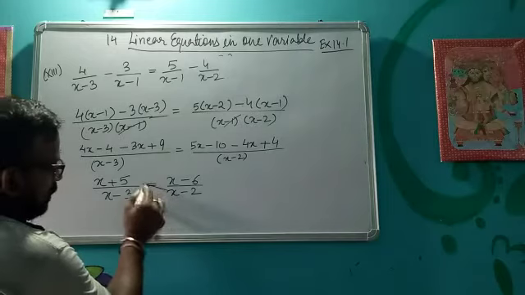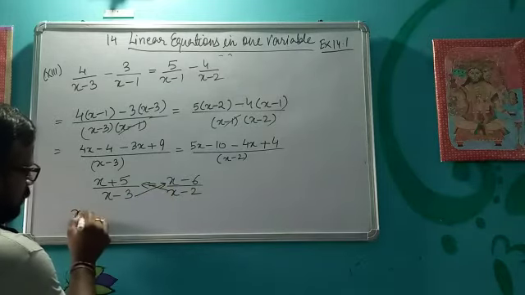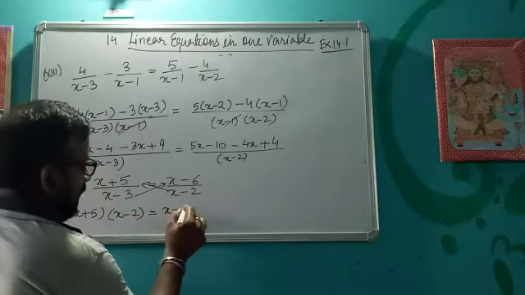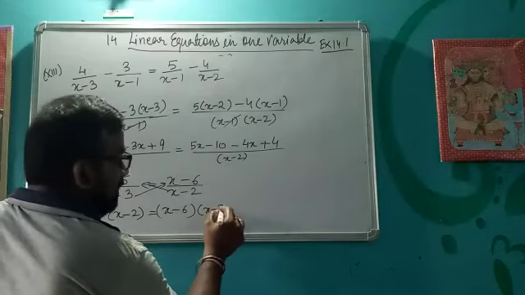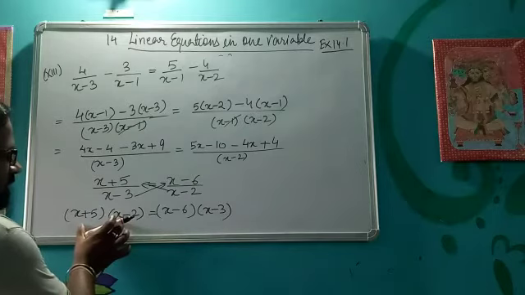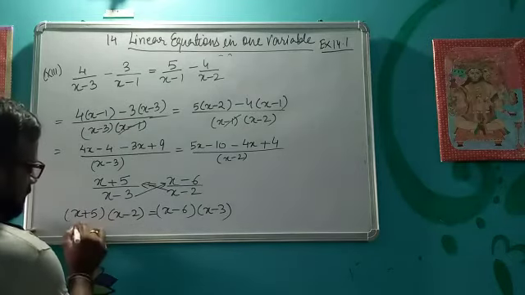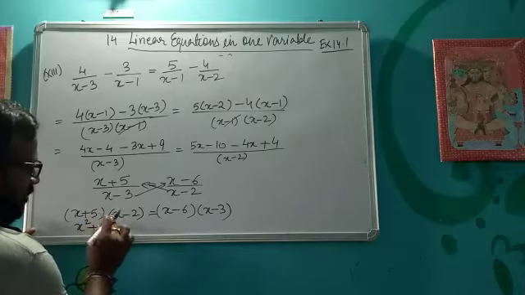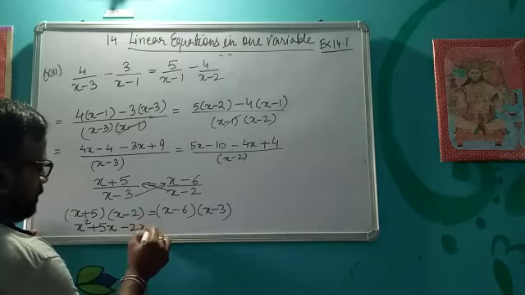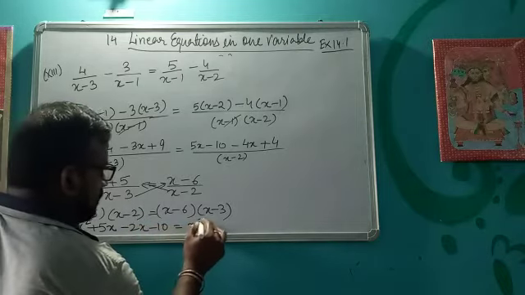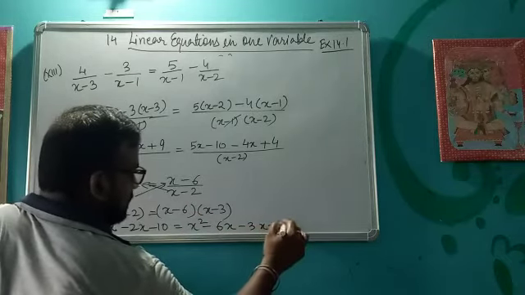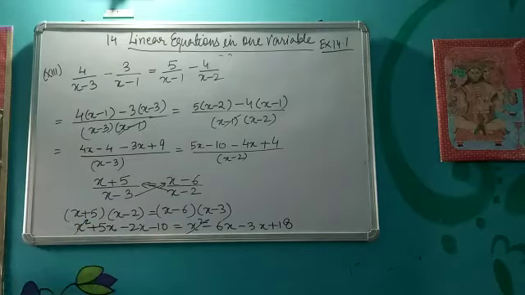Next, we will do the cross multiplication. So you will get x plus 5 into x minus 2, x minus 6 into x minus 3. And then you just simply multiply these two expressions. So x into x, x square, 5 into x, 5x, x into 2, minus 2x, minus 10, minus 6x, minus 3x, plus 18. So x square will cancel out.